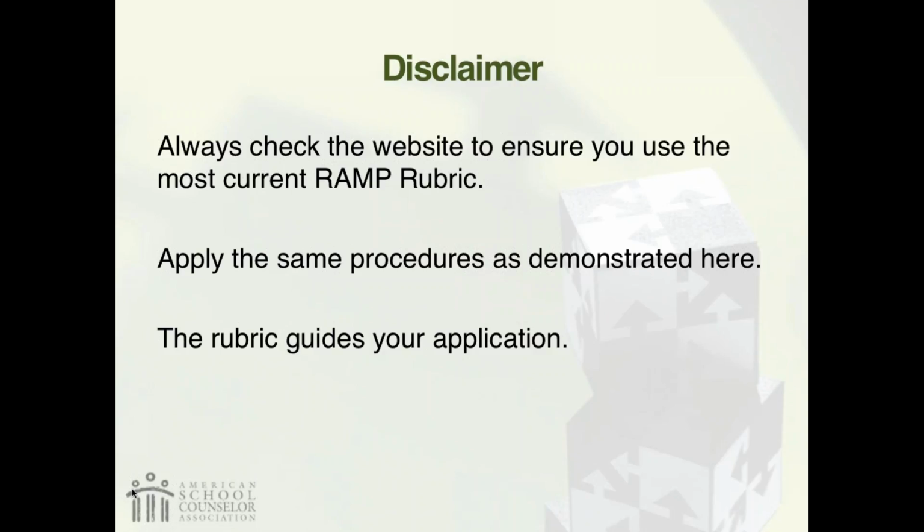But regardless, the process we're going to go through here and the procedures we're going to talk about aren't going to change just because the rubric has been tweaked a little bit. It's critical that you pay attention to the rubric and allow it to guide your application. It is what the readers use to evaluate your application. It's very specific and clear in what you need to provide in the application. So it's critical that you're always looking at it.